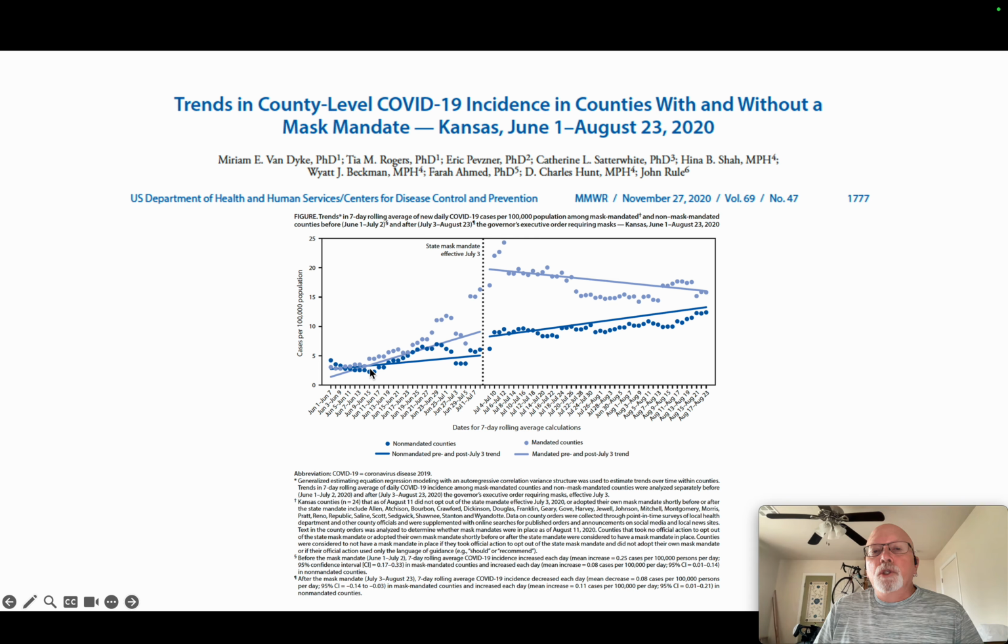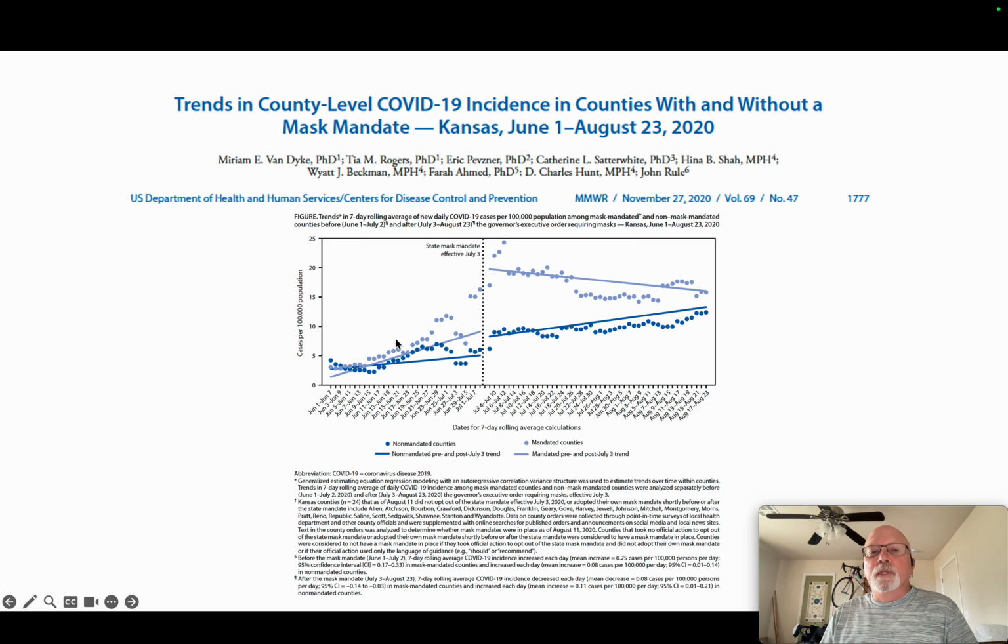And they basically just went to the county health department database and looked at all the counties, and they're listed down here in the caption, all the counties that had mandates and didn't have mandates, and looked at the number of cases, and then they standardized those in terms of cases per 100,000 individual population.